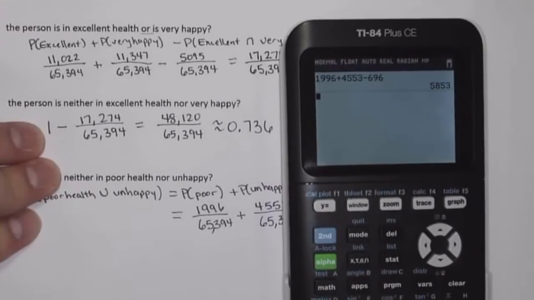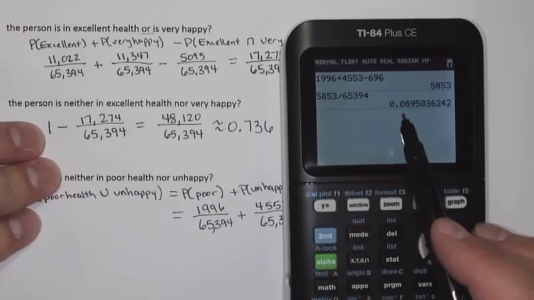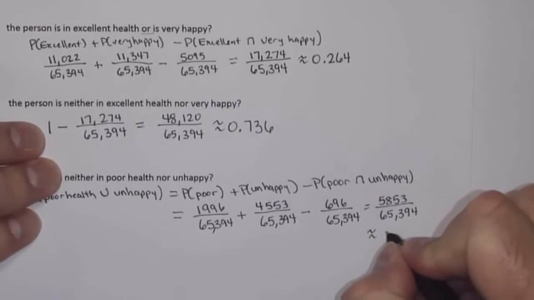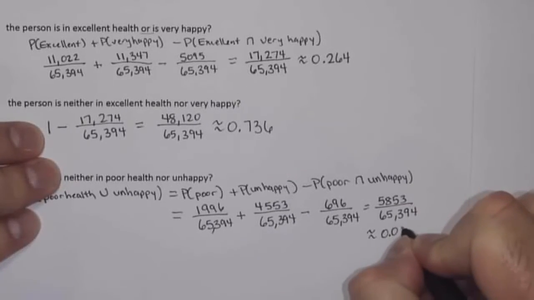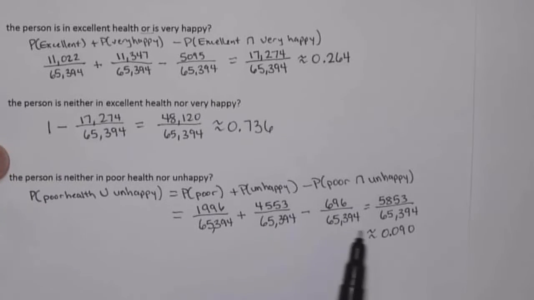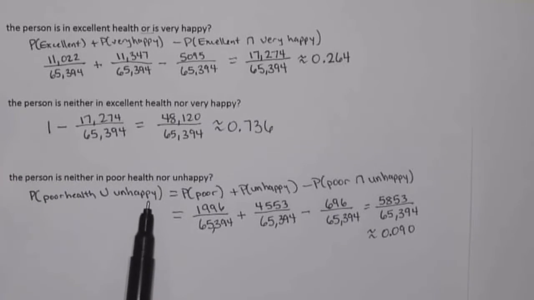So again, if I take that 5,853 and divide by 65,394, that is about 0.090 if I round to three places, 0.090. So this is approximately 0.090. Now again, this is the probability that the person is in poor health or unhappy.